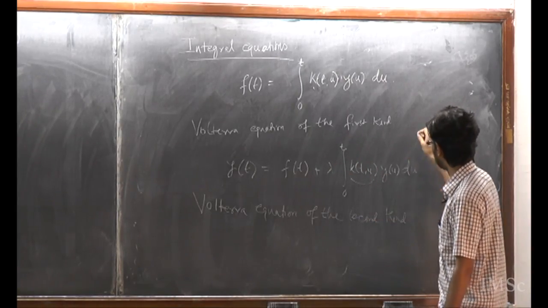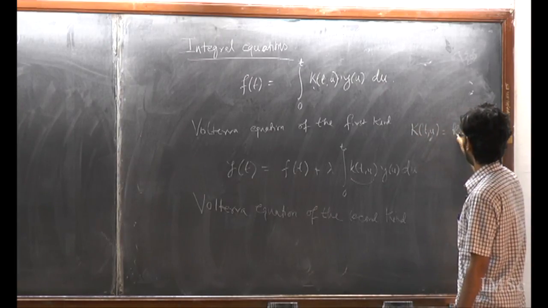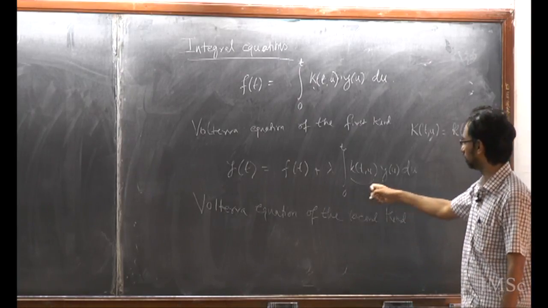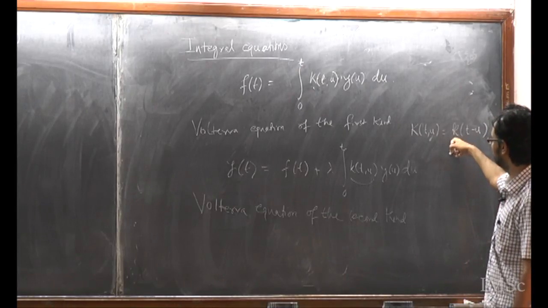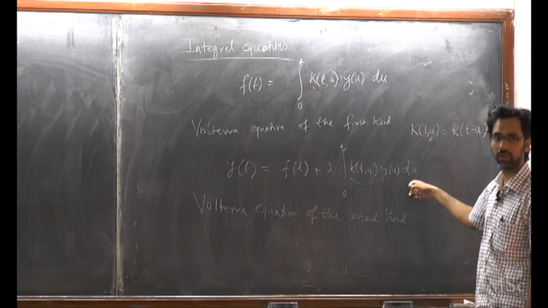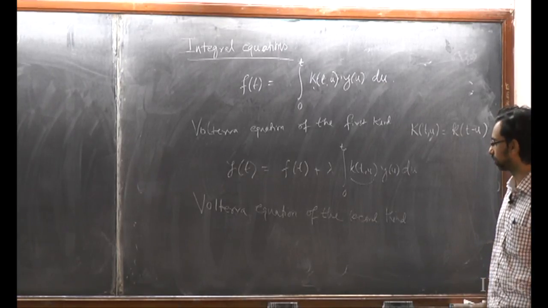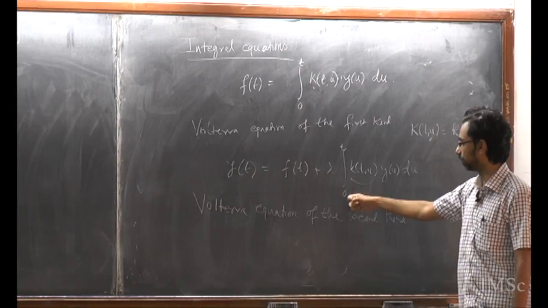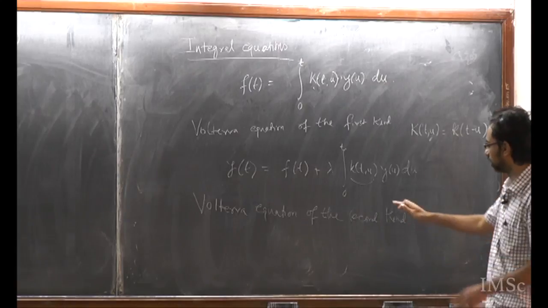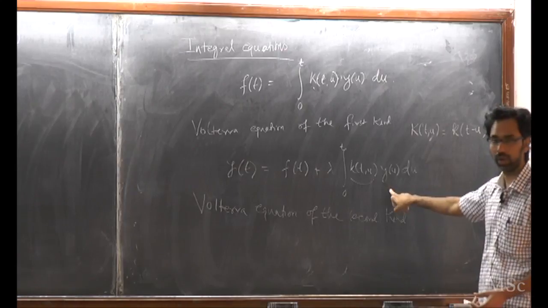For example, if k(t,u) is of the form k(t minus u), right? If k(t,u) is of this form for some function small k, then what will it be? This will be a convolution equation, and you know how to solve for convolution equations using Laplace transforms. So it's just a convolution, so you know it will just be the product of the Laplace transforms of small k and y.